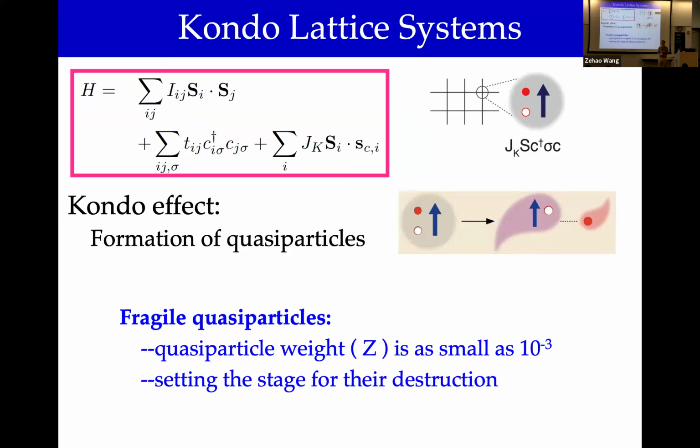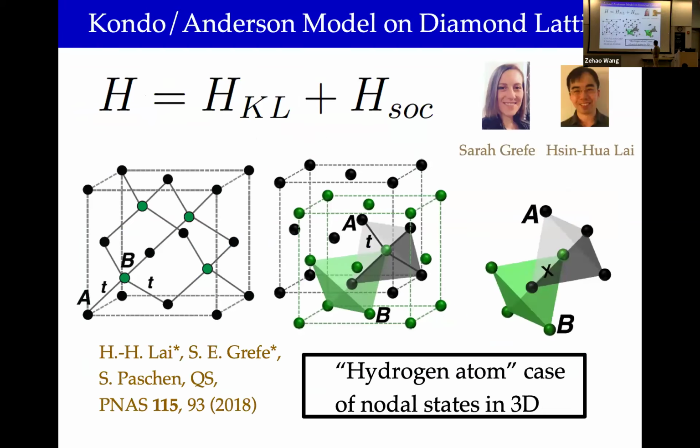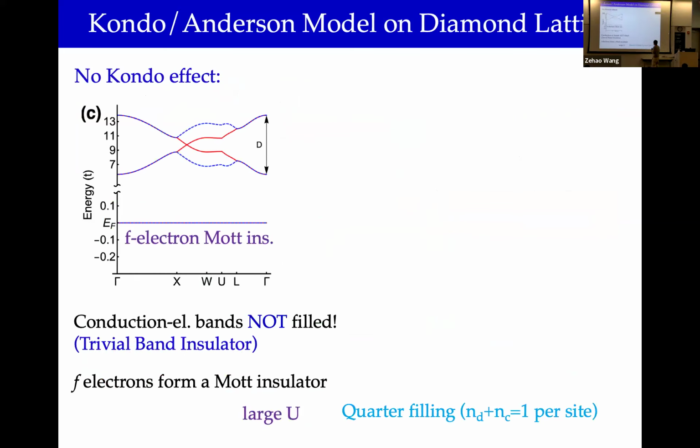On the slide where you show the band structure, why isn't it exact particle-hole symmetric? Oh, because my model does not have exact particle-hole symmetry. We study quarter filling, and so I have more bands which are left empty compared to the bands which are occupied.